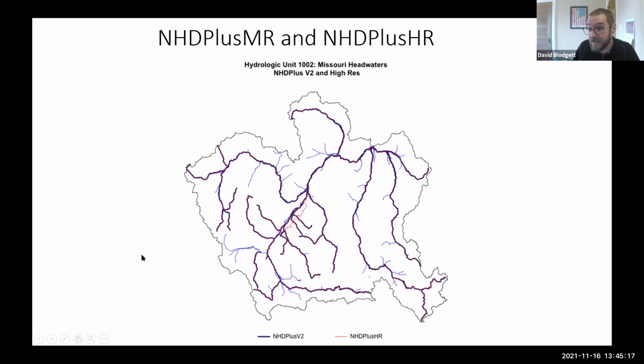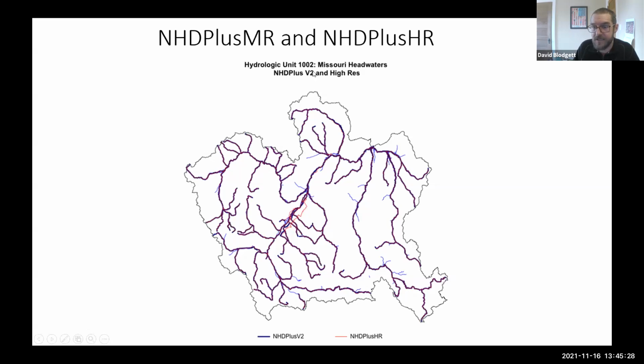We can do the same thing at a different scale. So here's zoomed way out, and we're looking at HUC 1002, the Missouri headwaters. NHDPlus version 2 is the blue lines at the 1 to 100K scale, and NHDPlus high res in red.